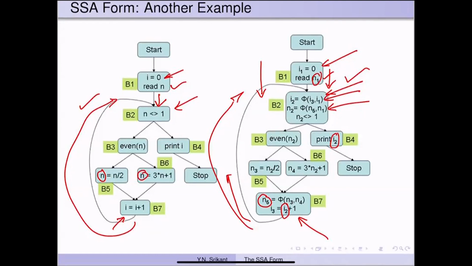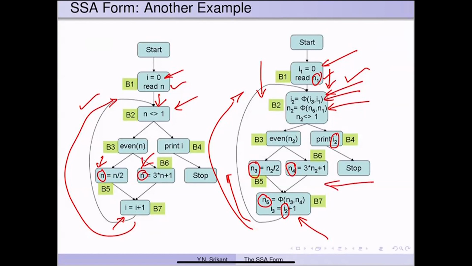So there is an N3 and another N4 which are assigned here, and they correspond to these two N variables. Again, we have exactly the same situation at this join.